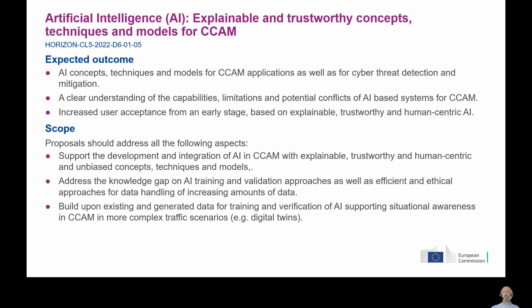In other words, artificial intelligence can also be used for cyber threat detection and mitigation. Of course, we need to have a clear understanding of the capabilities, but also the limitations of AI-based systems for CCAM. And at the same time, if we want to increase user acceptance at an early stage, we also need to be able to understand how AI works. It needs to be explainable, therefore trustworthy and human-centric.